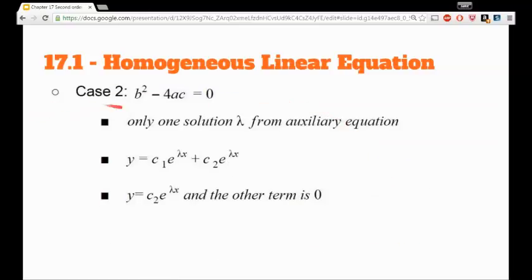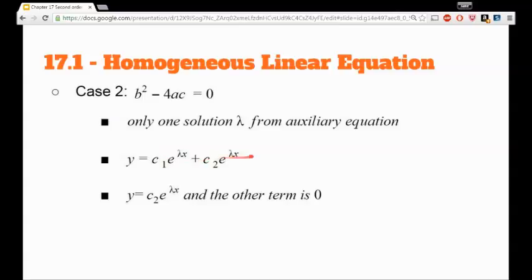In case 2, we have b squared minus 4ac equal to 0, which means there will be only one solution of lambda from the auxiliary equation. So for the solution, we would have y equal to c1 e to the power of lambda x plus c2 e to the power of lambda x.